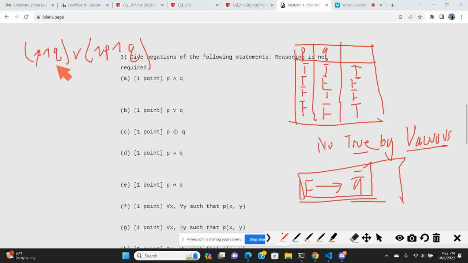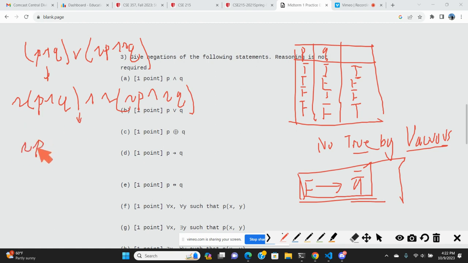So once again, we have this in and/or form, so apply De Morgan's laws. We have the negation of P and Q, and the negation of not P and not Q. You can leave it like this or apply De Morgan's laws one step further into not P or not Q, and, wait, sorry, and because in this case we're negating these two operands, not this.